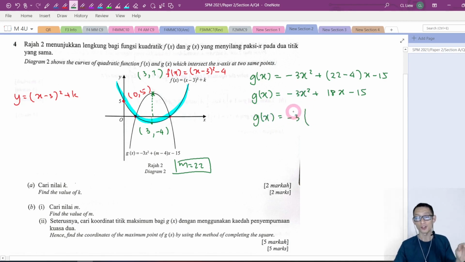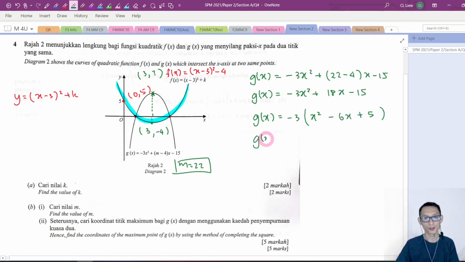Whenever you factorize a negative number, all the signs inside change. So negative 3x squared becomes positive, so 3, 6, 18, negative, positive becomes negative, 3, 5, 15.